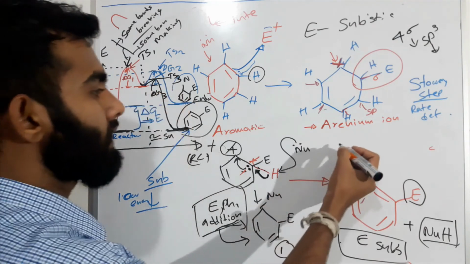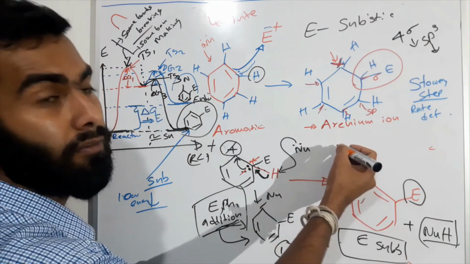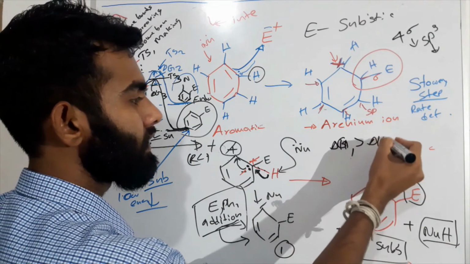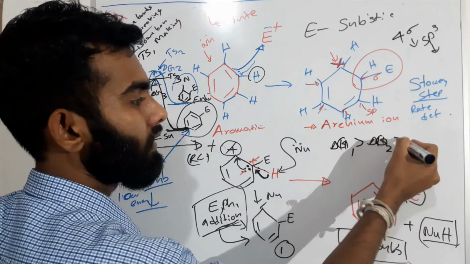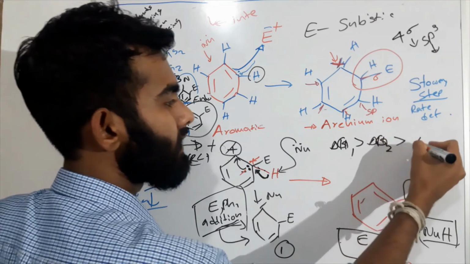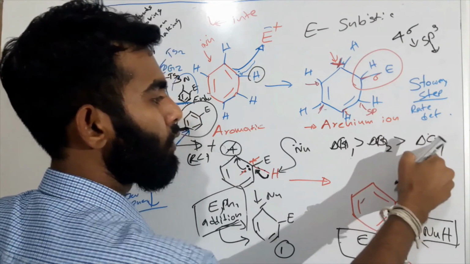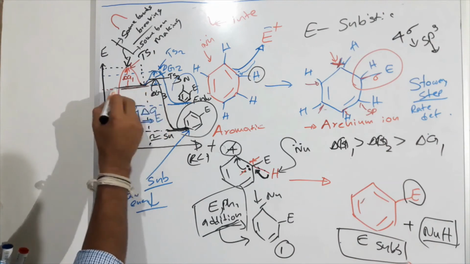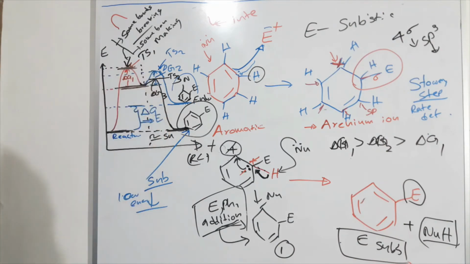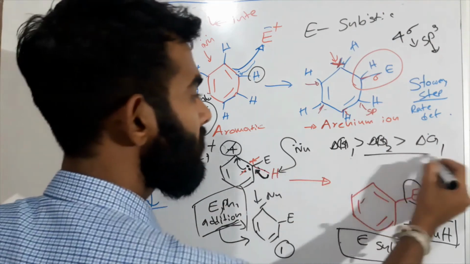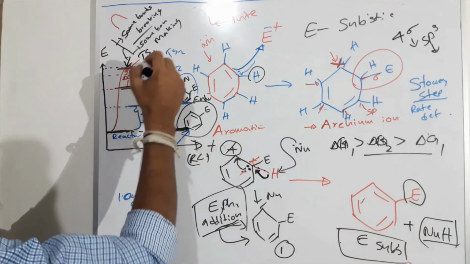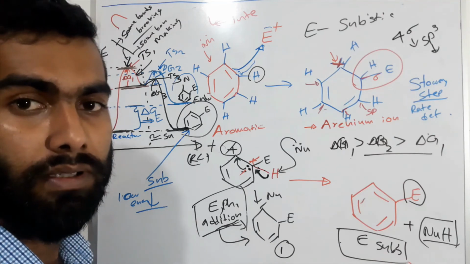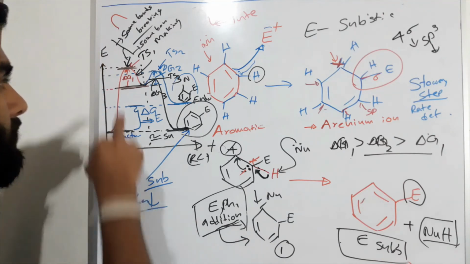We can write down the order of decreasing energy: delta G1 is higher than delta G2 and delta G3. You can see the energy gap between the arenium ion and the first transition state is much higher than the other two. That's why we call it the slowest step or rate determining step. We have to provide more energy to achieve this energy gap.